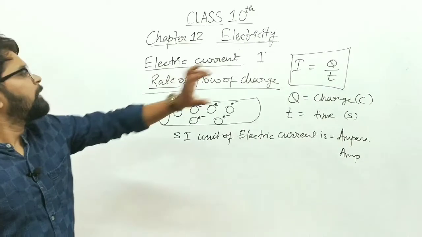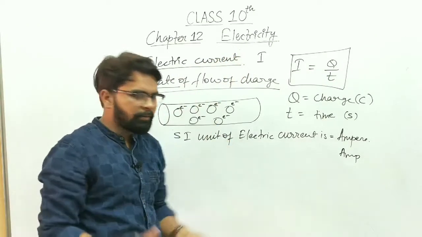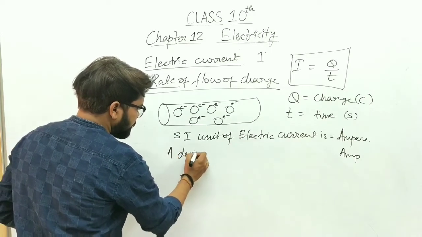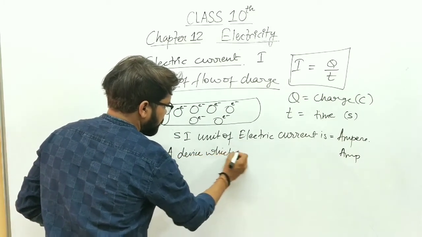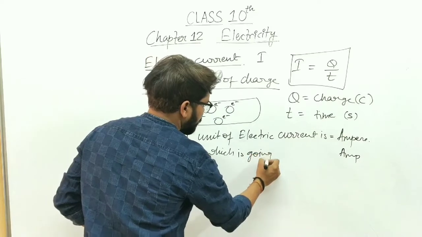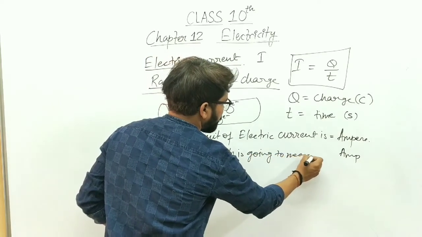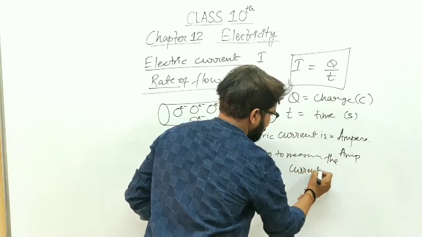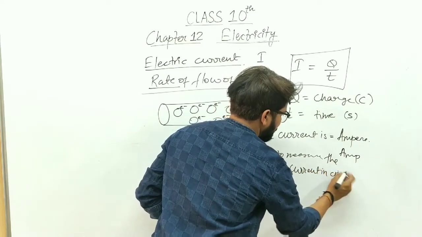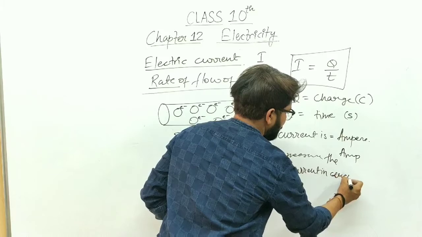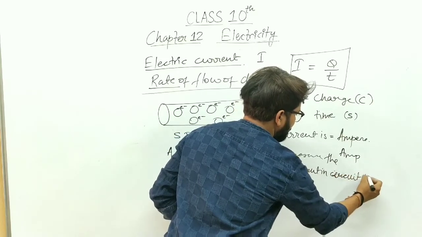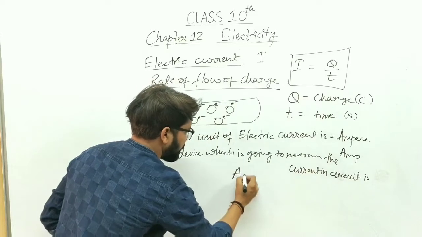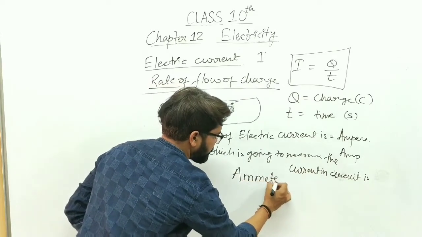And the measuring device, a physical device which is going to measure the current in a circuit, is the ammeter.